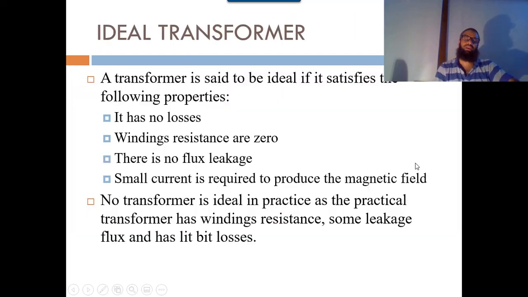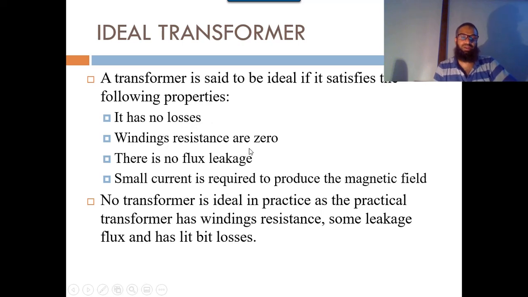So in practical application, the transformer usually has some losses, but in the ideal case there would be no losses. The winding resistance will be zero. There will be no flux leakage, and the current requirement for the magnetic flux transfer is very small. Ideally this is not possible, but practically we will try to minimize the losses.